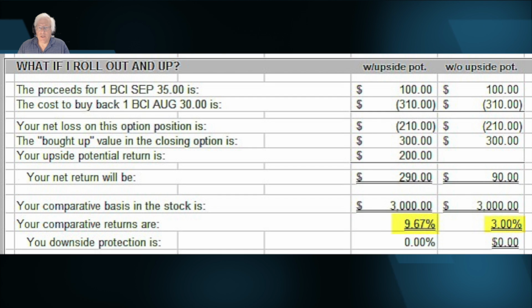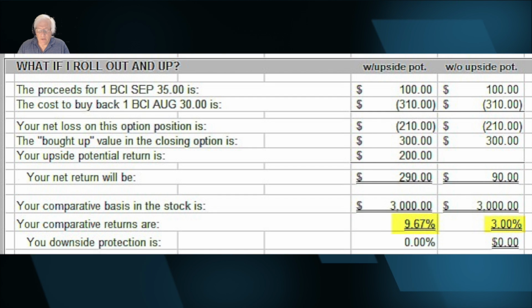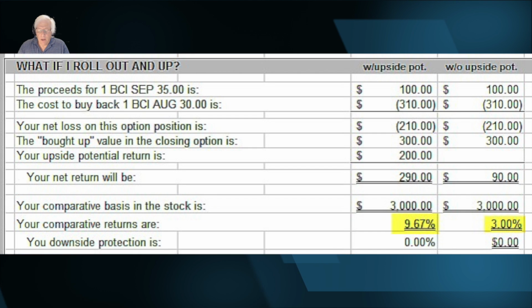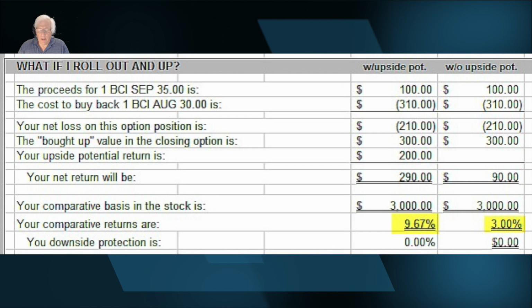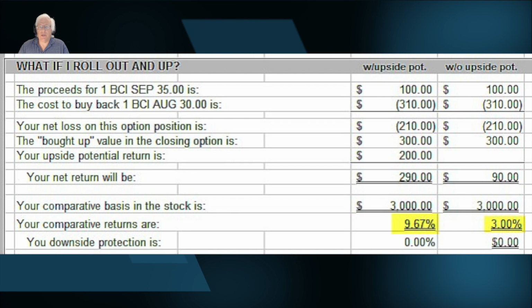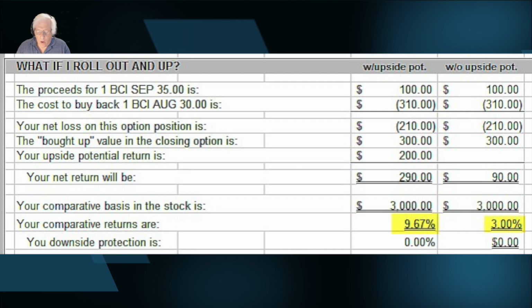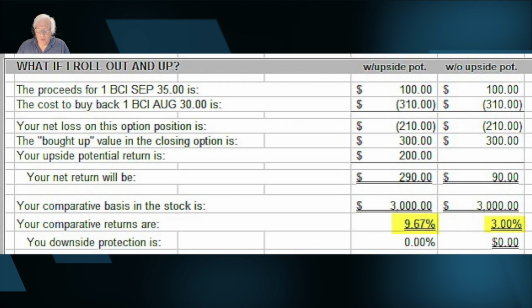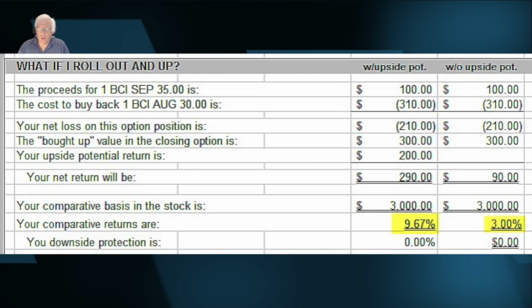So if the price of the stock did in fact rise to the 35 strike, that would give us $500 in credits minus the $210 option debit, or a total credit of $290 for the month, which would represent a 9.67% 1 month return.